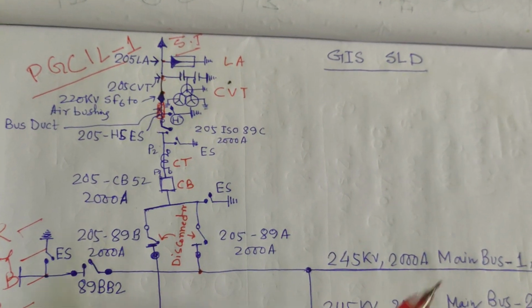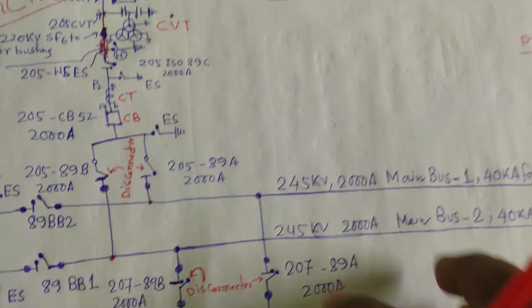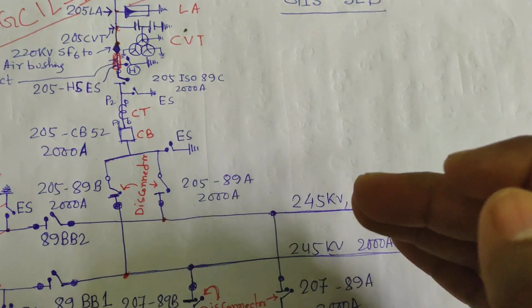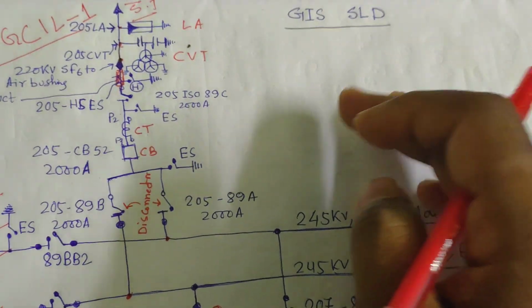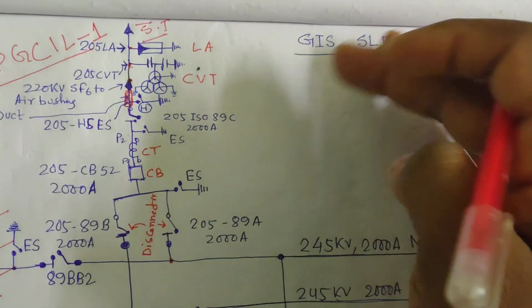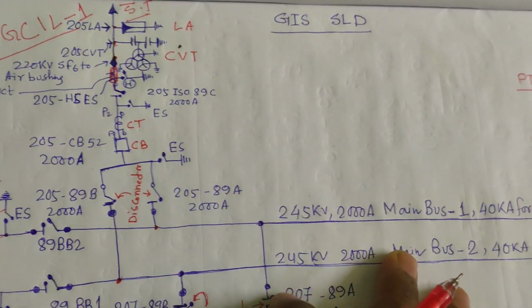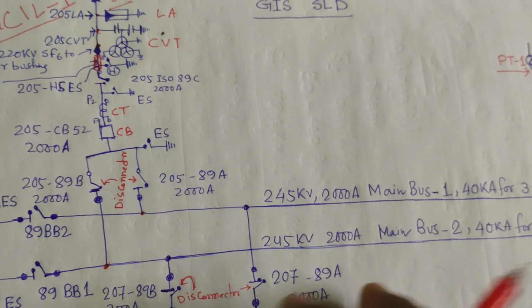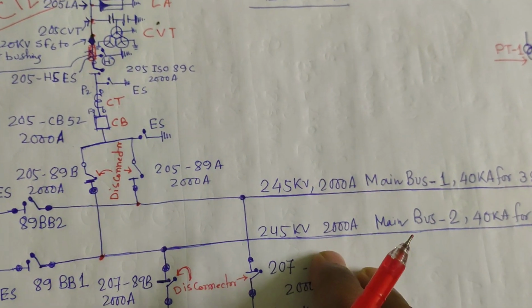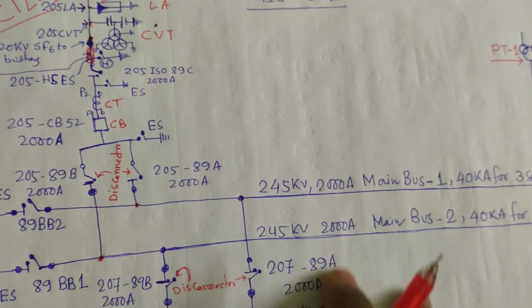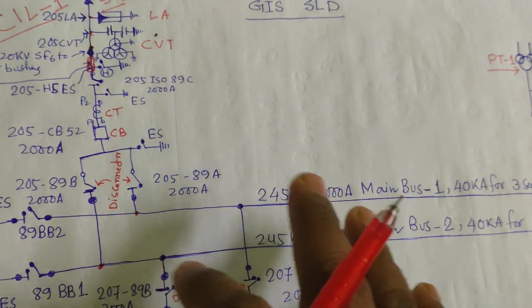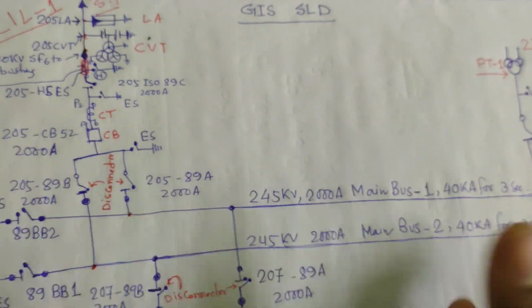The idea and connection are the same, and from here we are connecting the two 160 MVA transformers. The 132 kV sides of these two 160 MVA transformers go to the 132 kV bus as the incomer of the 132 kV system, and from the 132 kV system we are connecting 50 MVA transformers, 132 by 33 kV.